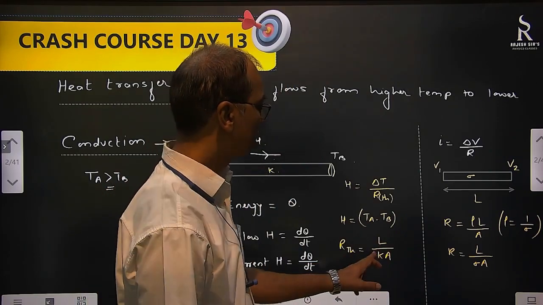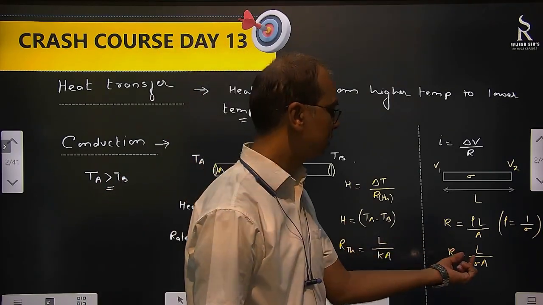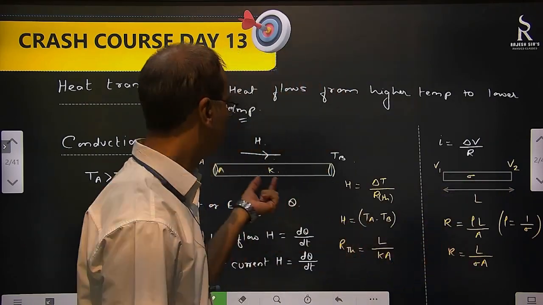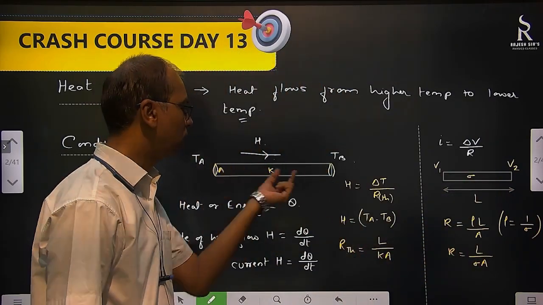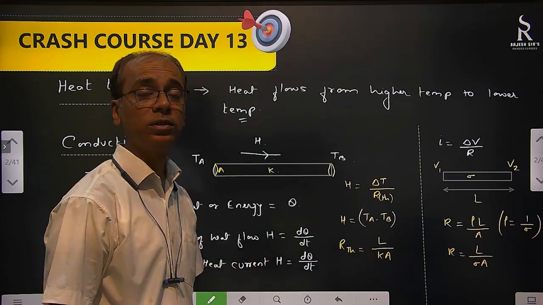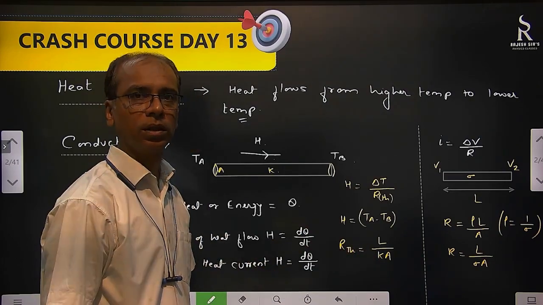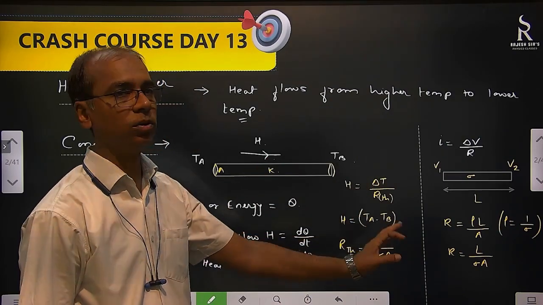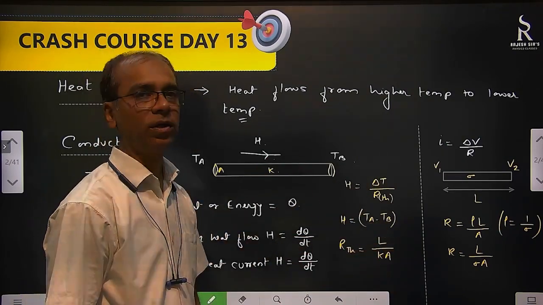This was the conductivity of this wire, and same way here for this rod, this is thermal conductivity. That is a property of the medium. Resistivity and conductivity as we studied over there, the same way these are here also.